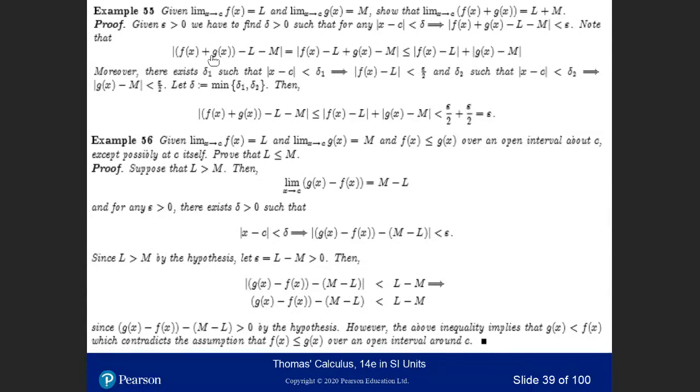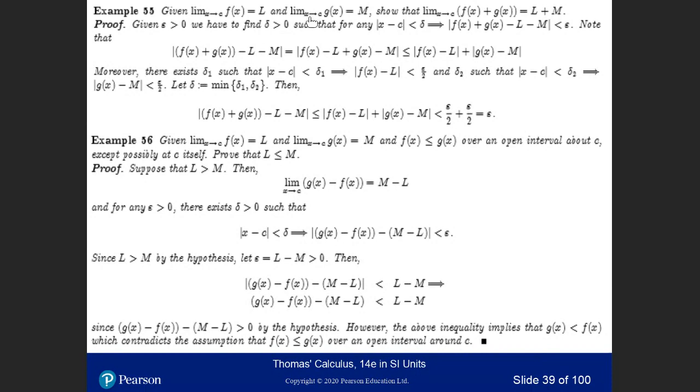Now, here is f of x plus g of x minus L minus M. I can write it like this: f of x minus L plus g of x minus M. Then this is less than or equal to, because of the triangle inequality of absolute value, the absolute value of f of x minus L plus the absolute value of g of x minus M.